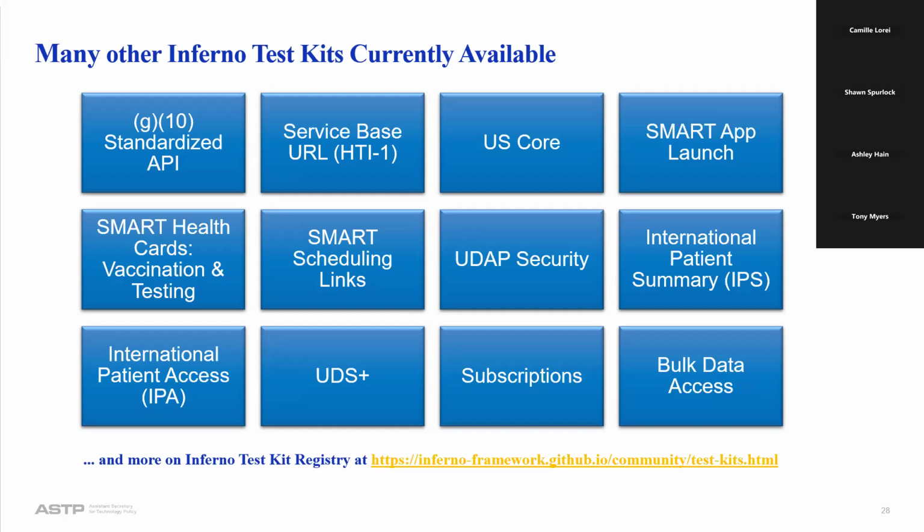And there are many more listed on this slide, as well as in the Inferno test kit registry. And that registry lists some of the Inferno test kits that are available in more detail. And a link to that registry is available using the link on the slide. Next slide.